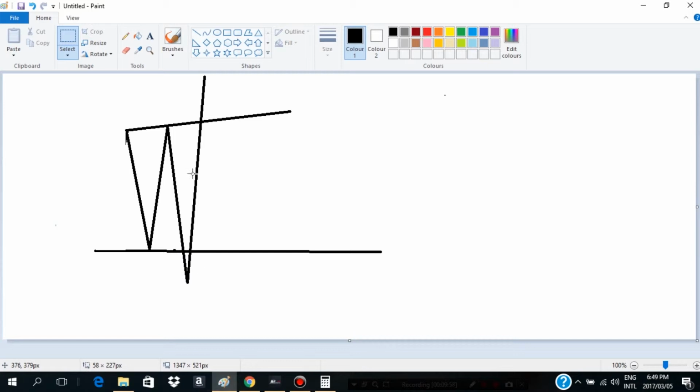Now, once it passes that point, when you join the two peaks, this is now the neckline for a double bottom, and you need to trade it accordingly.